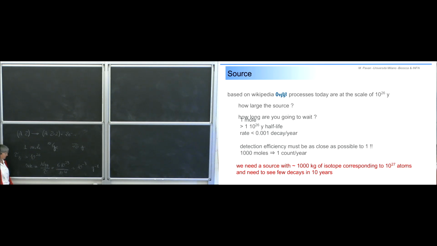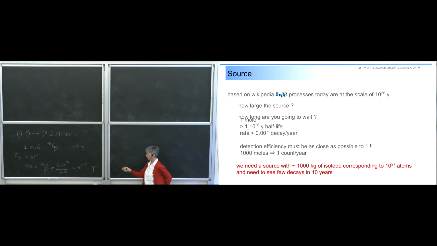So you understand that if you really want to be able to see some decay, you need a source with the size of 1 ton.